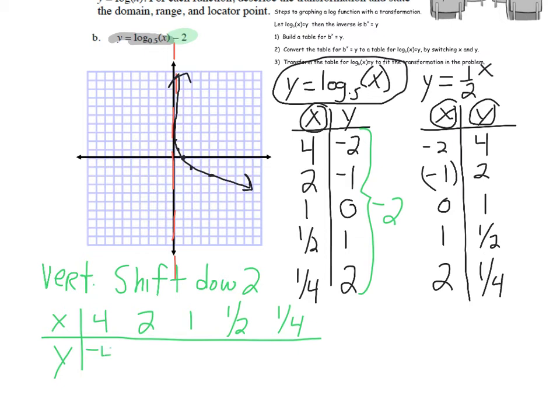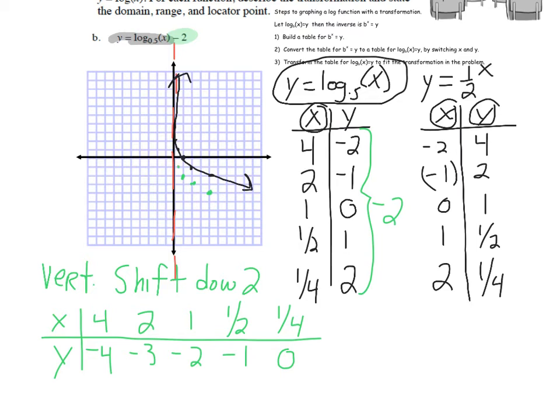So this becomes -4, -3, -2, -1, and 0. So now let's plot those points. 4, -4, so that's 4 over and 4 down. 2, -3, that's 2 over, 3 down. 1, -2, 1 over, 2 down. 1/2, -1, 1/2 over, 1 down.